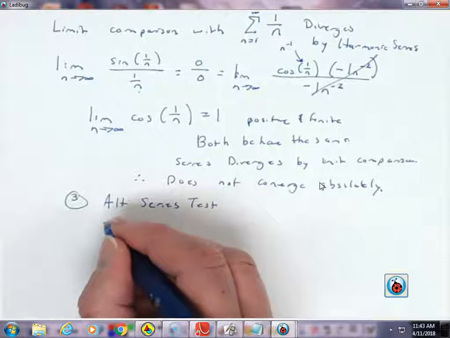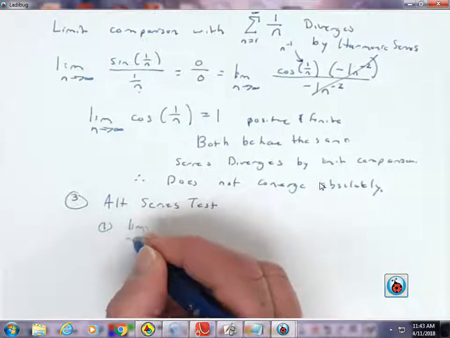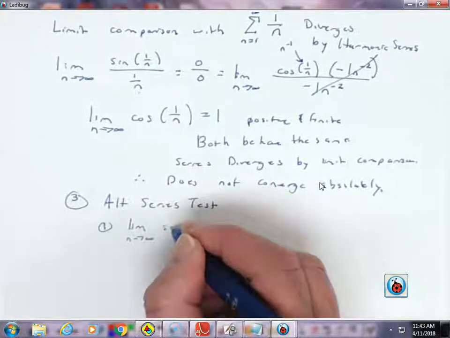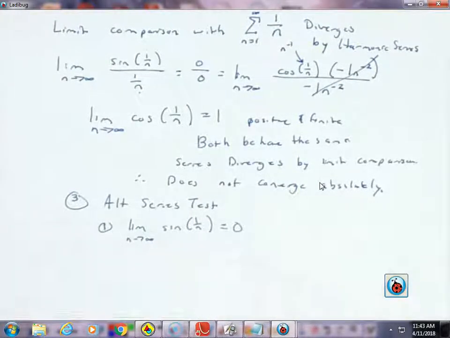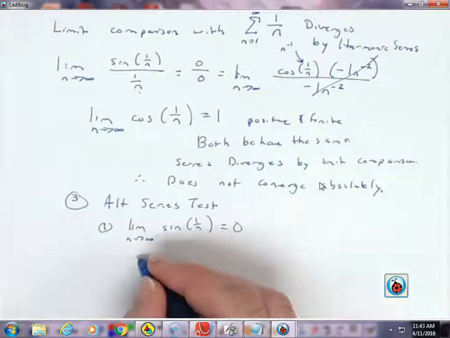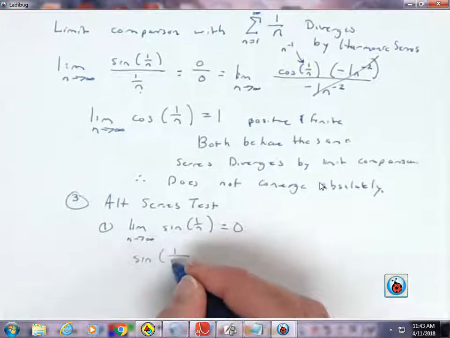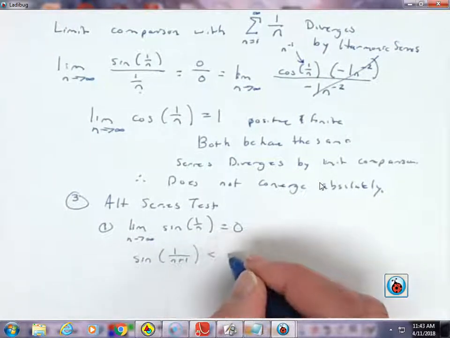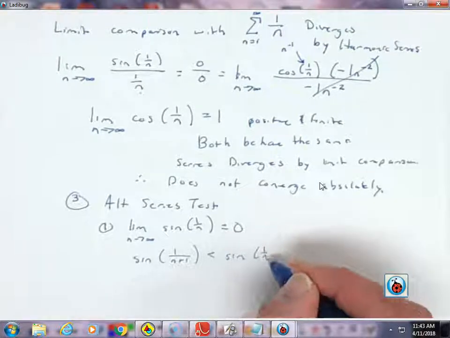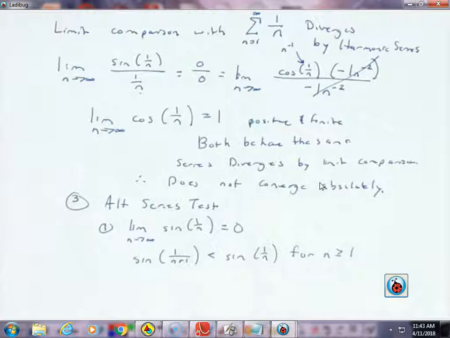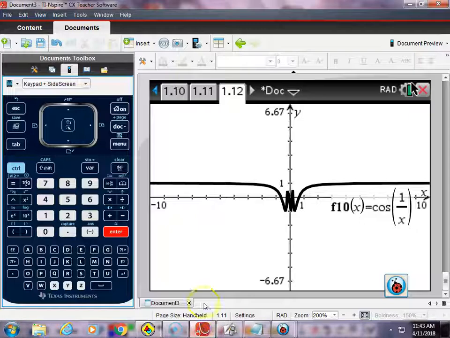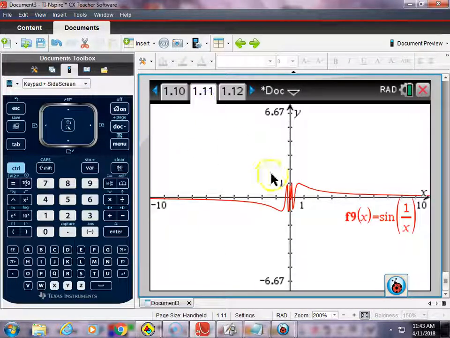The two things to check, like we did before: we have the limit as n approaches infinity, which we have already done up there. Then you just want to see, is it a decreasing function, for n greater than or equal to 1. I think we graphed that a minute ago.